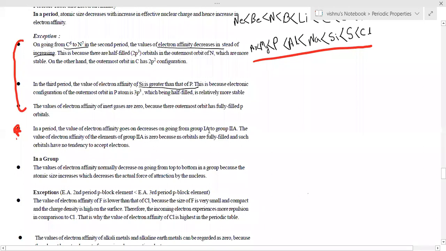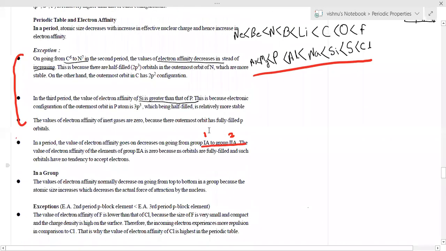See, the electron affinity goes on decreasing from 1A to 2A. So basically 1A is your first group and 2A is your second group. Now see the example here.